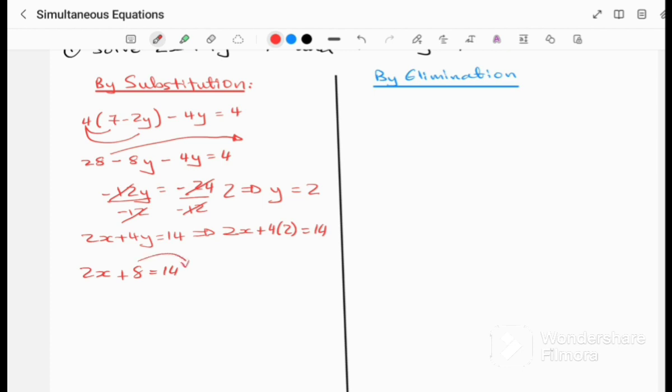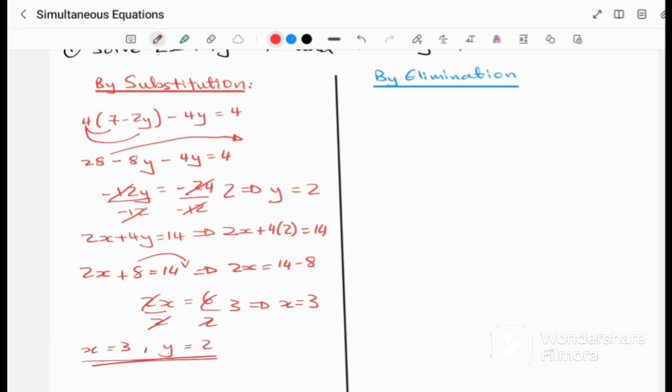We can move 8 to the other side, and we're left with 2x is equal to 14 minus 8. And that is going to give us a value of 6. We can divide both sides by 2, and our x is equal to 3. So now we have found x and y. We have x is equal to 3 and y is equal to 2.